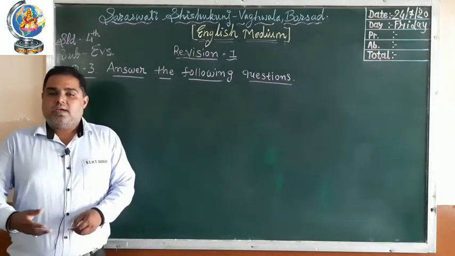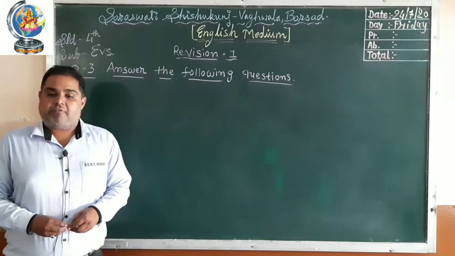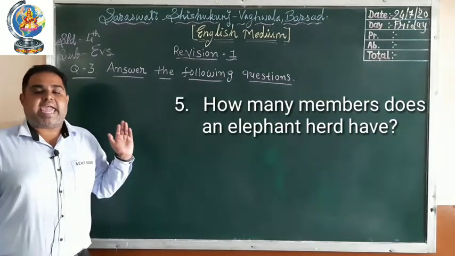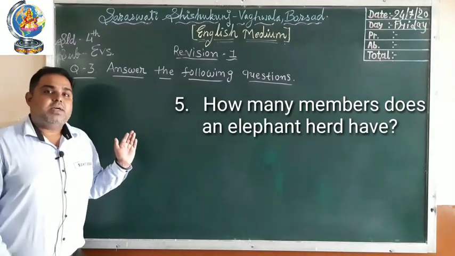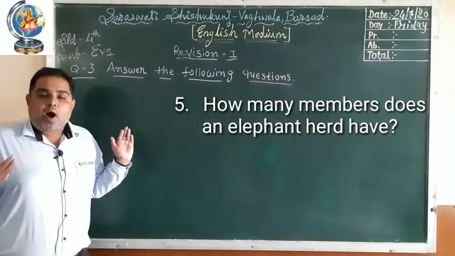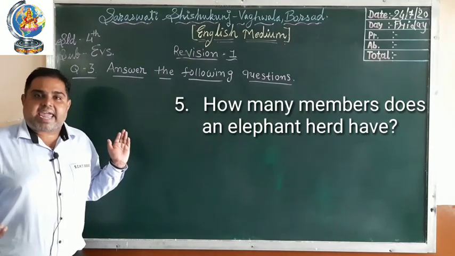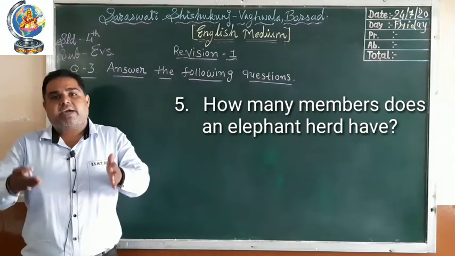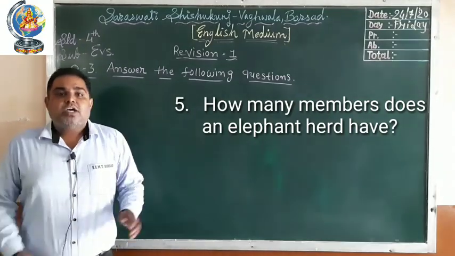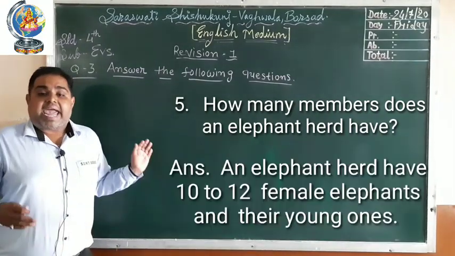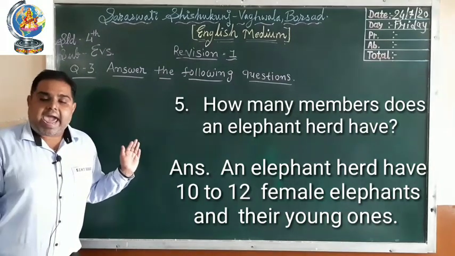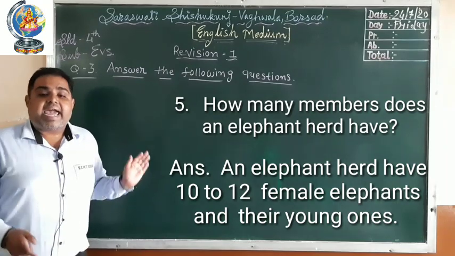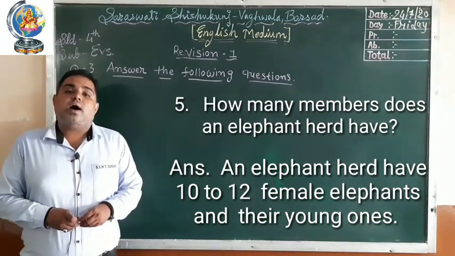Now students, next question, question number 5: how many members does an elephant herd have? So in one elephant group, how many members are there? Your answer is, an elephant herd has 10 to 12 female elephants and their young ones.